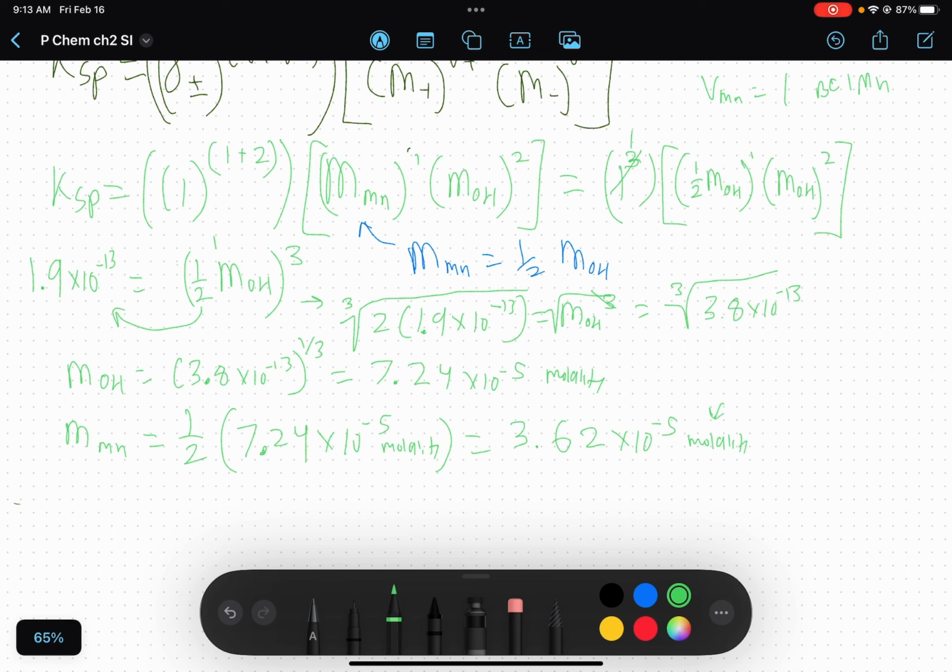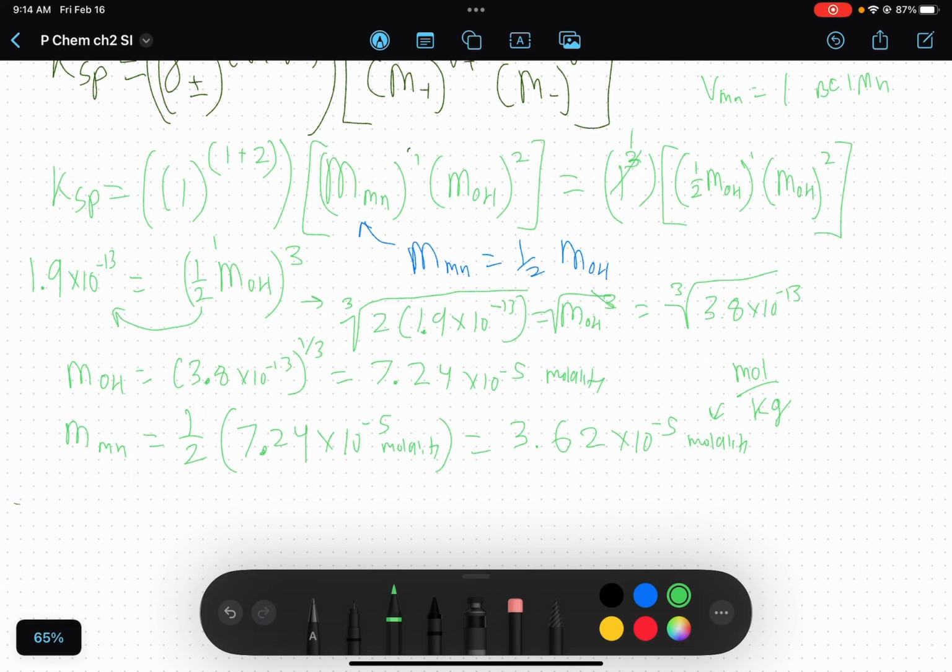And then I believe molality is moles per kilogram. I always tend to mix it up with molarity, which is moles per liter. But I think this one's by weight, so moles per kilogram.